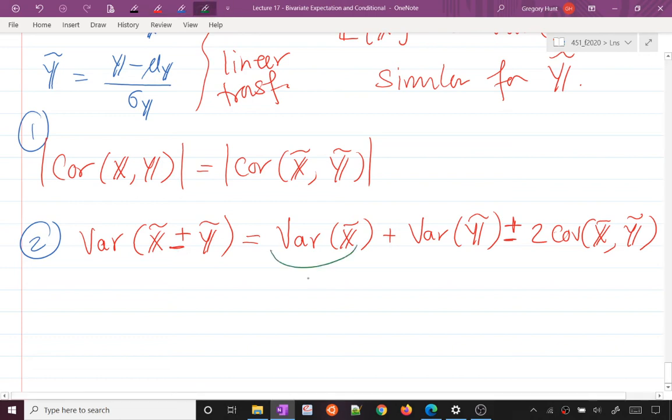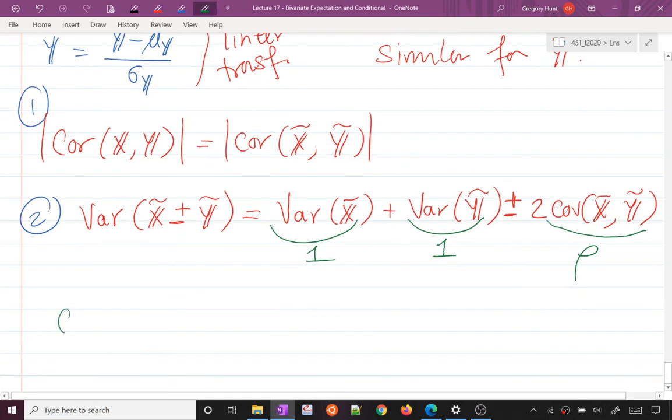But now we've made things easy. That's 1 by construction. And let's call this rho. It has to have a name. Let's say that the covariance between x tilde and y tilde is rho.